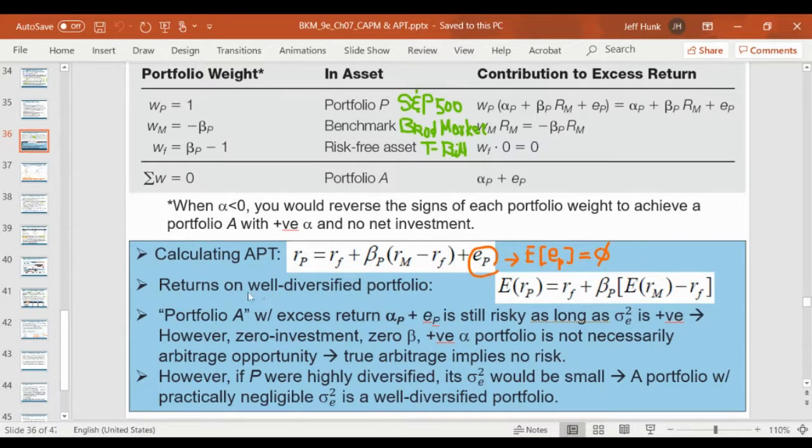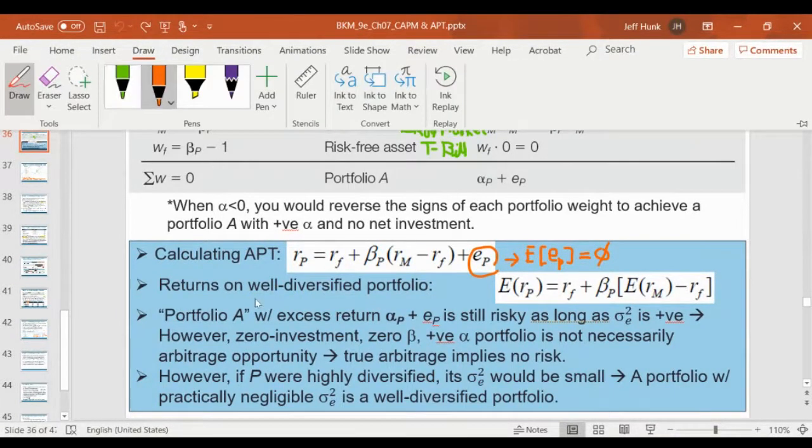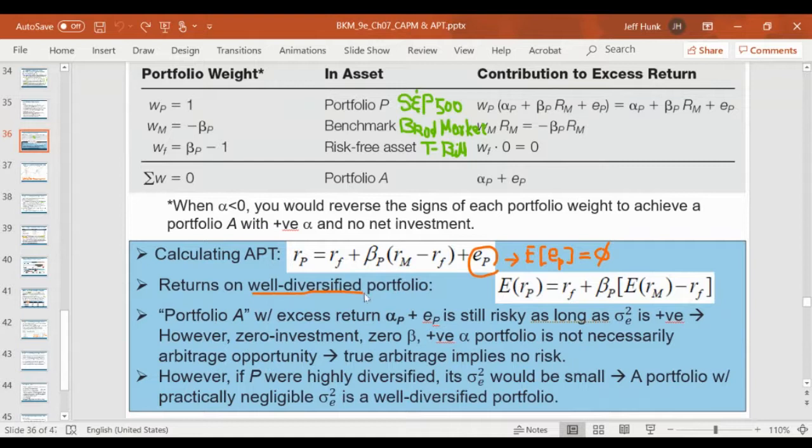The concept of a well-diversified portfolio is very important, because if it is not well-diversified, we cannot anticipate this, we cannot bet this is going to work.